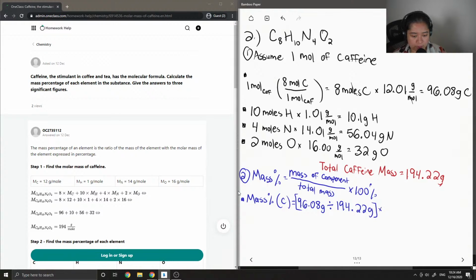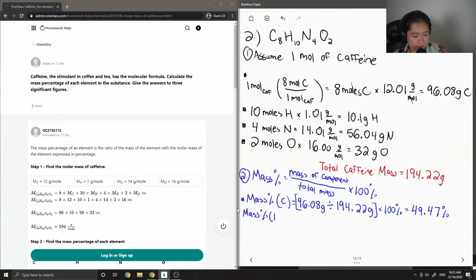All of that multiplied by 100% gives us 49.47%. So that's how much carbon is in caffeine in terms of mass.